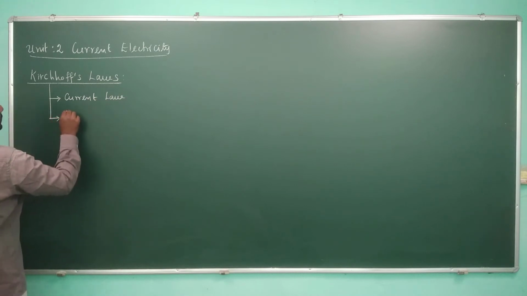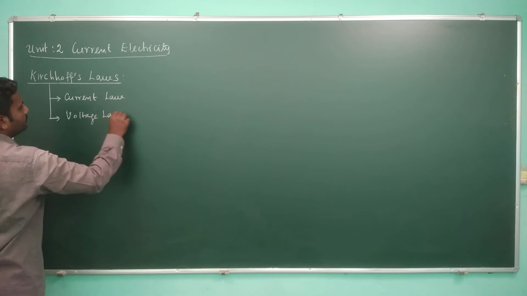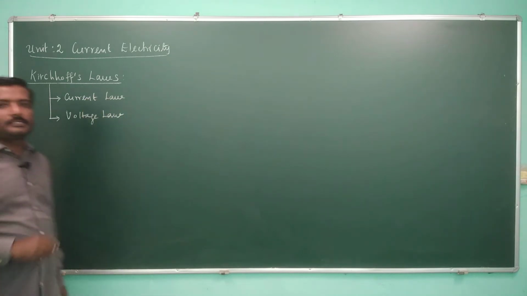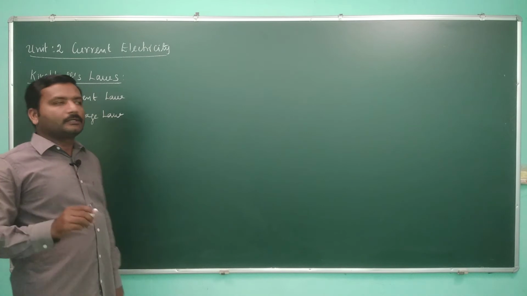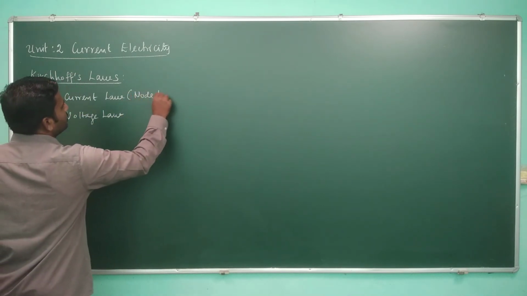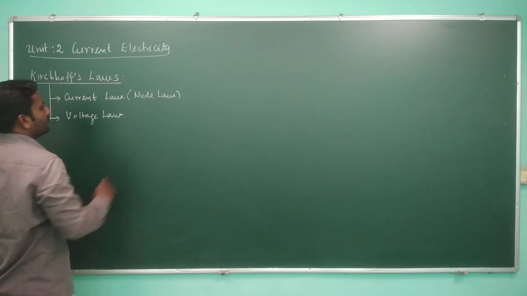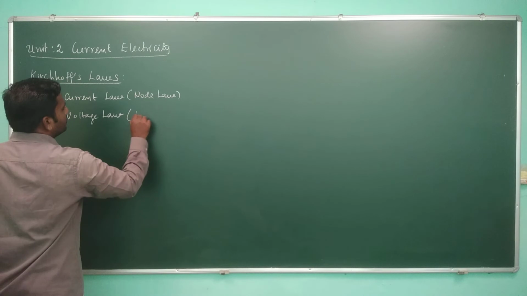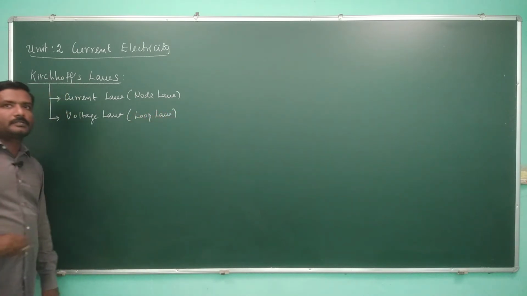Second is Kirchhoff's voltage law. Generally, the current law is said to be a law which is defined using nodes of a circuit. So it's the node law, and the voltage law is the loop law.